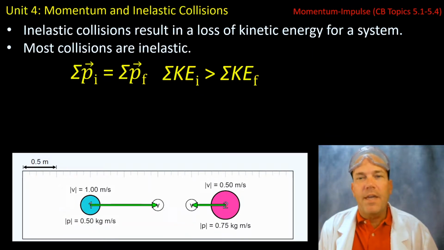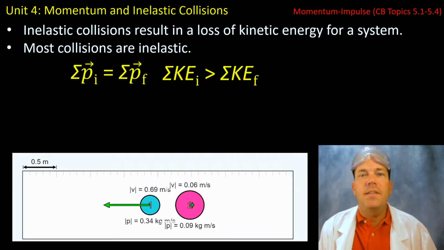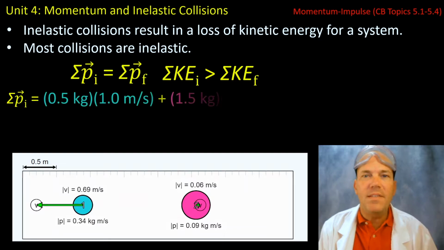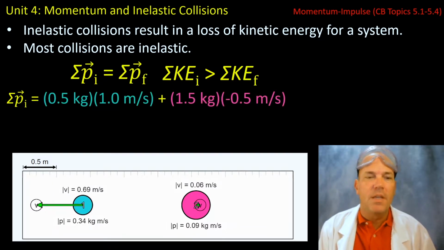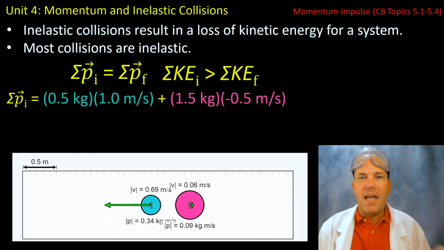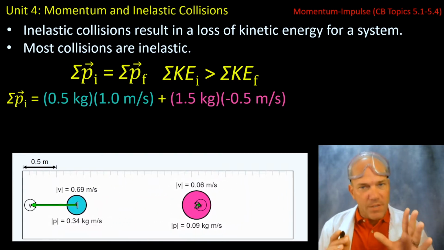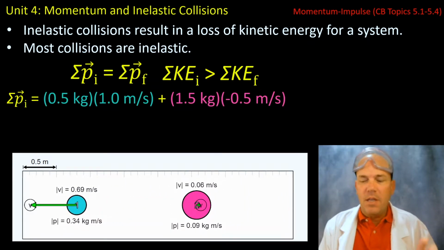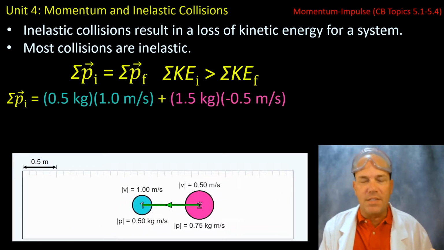Now let's go ahead and calculate the initial momentum for the system. We're plugging in the values for the mass and velocity, and this time we do need to pay attention to our signage as momentum is a vector quantity.